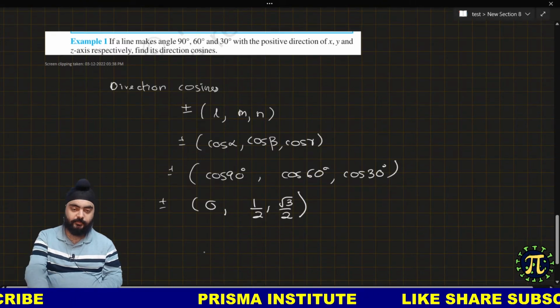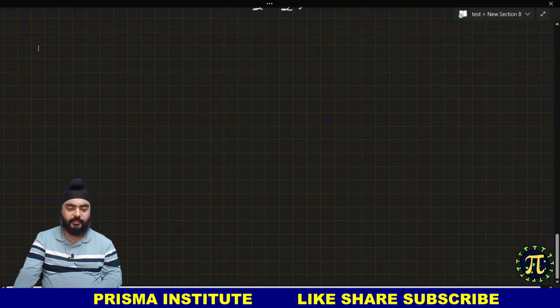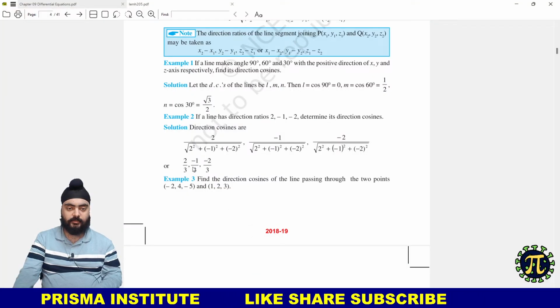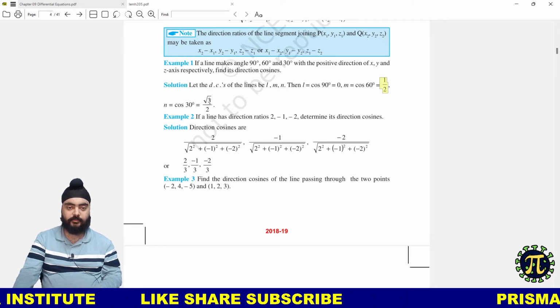I have written plus minus; even if NCERT did not write it, it doesn't matter. So they have found the direction cosines 0, half and root 3 by 2.